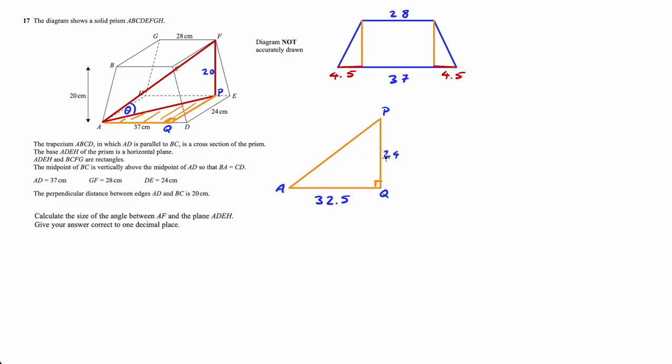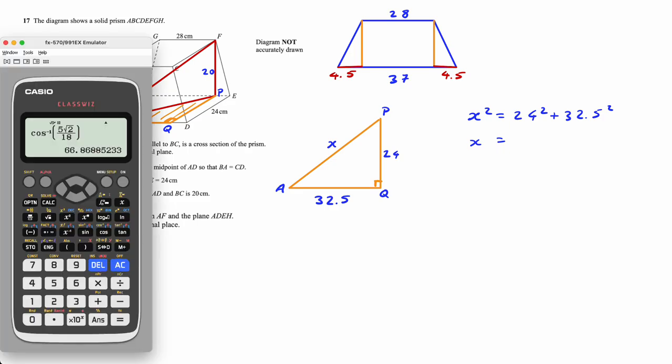Now I have a right angle triangle. I can find this value here. I haven't used x yet. Let's just use x. X squared equals 24 squared plus 32.5 squared. X is the square root of that. Let's do it all in one go.